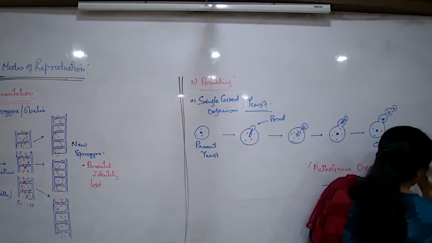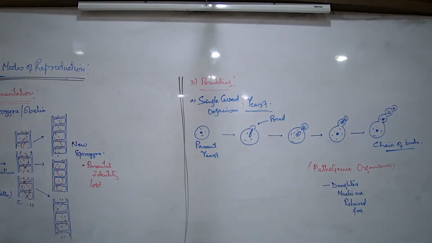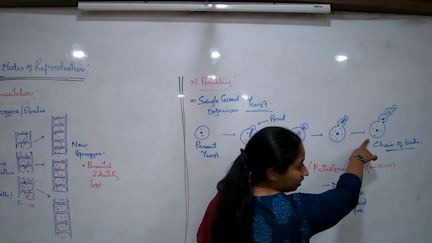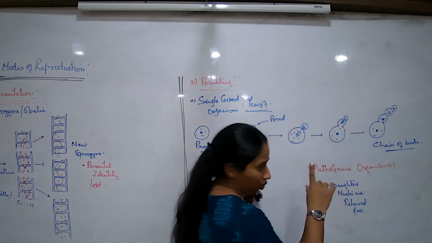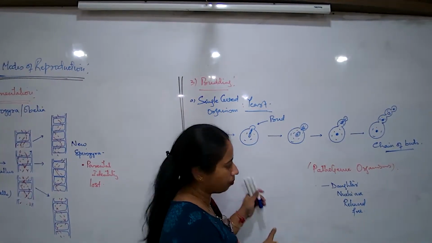This is a common method of growth. Yeast that we get to see when we buy them is in the form of tangled fine thread-like structures. If you put them under the microscope, they are all in that stage, all in the form of a chain. The parent organism does not immediately get detached from the newly formed organism. They remain attached to the parent organism.